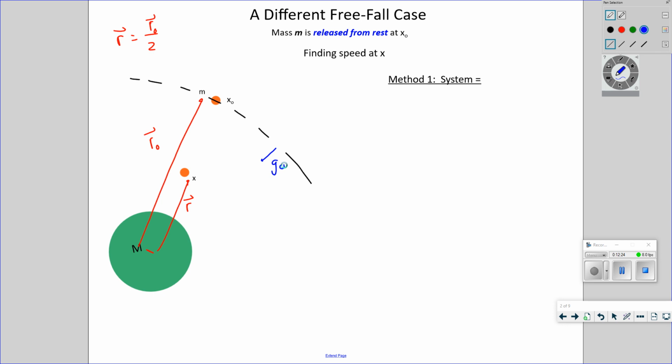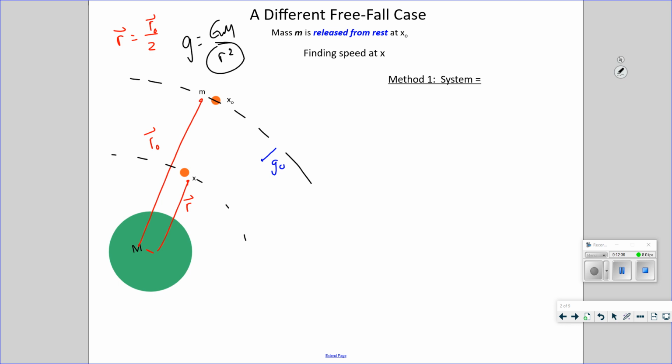And when we get half the distance to the center of this object, because g is GM over R squared, when R gets 2 times smaller, g gets 2 squared times bigger. The field here is 4 g naught, which means this object does not have a constant acceleration, and therefore kinematics equations, like v squared equals v naught squared plus 2a delta x, don't work.